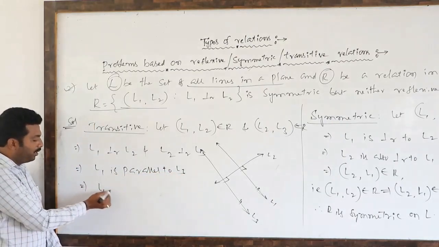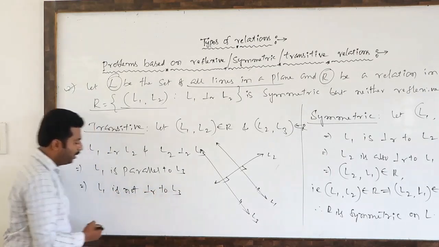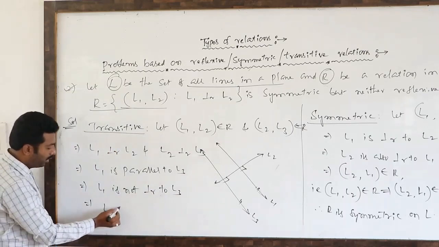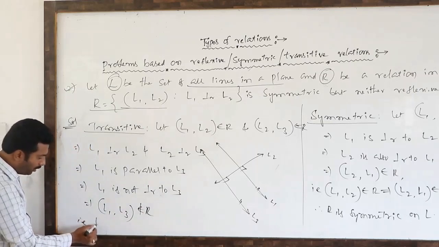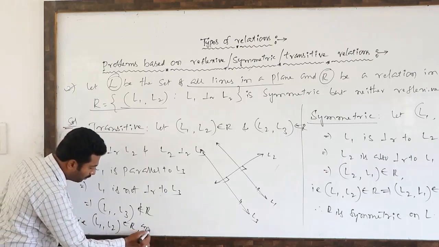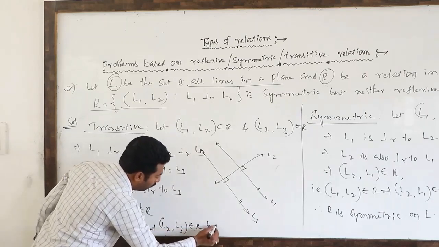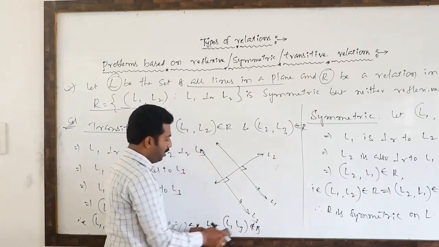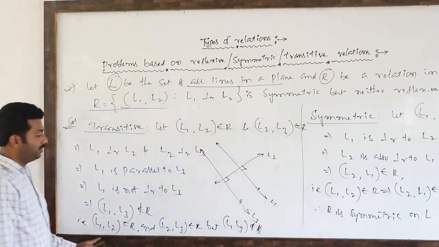So indirectly L1 is not perpendicular to L3, which means L1 comma L3 does not belong to capital R. That is the conclusion: L1 comma L2 belongs to capital R and L2 comma L3 also belongs to capital R, but L1 comma L3 does not belong to capital R. Therefore, capital R is not a transitive relation.